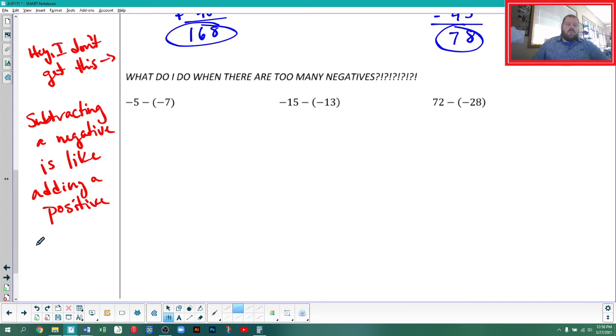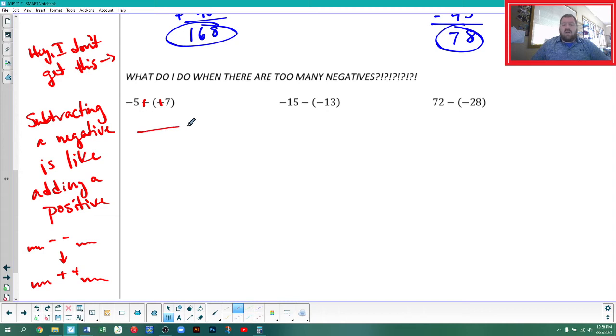Or if you want to do it this way, you have some number minus a negative number turns into that some number plus a positive some number. And the way that I like to visualize that is minus a negative turns into add a positive. So I'm just saying negative 5 instead of minus negative 7, it's going to be negative 5 plus positive 7. And same thing that we did before.